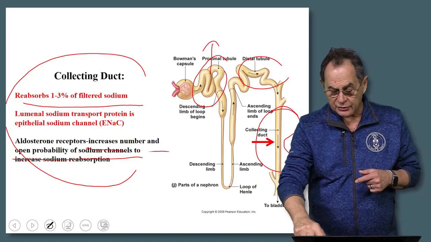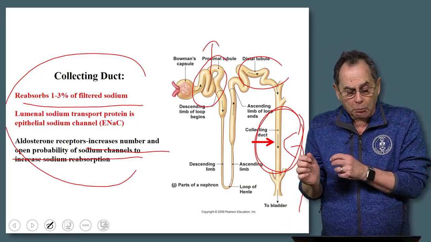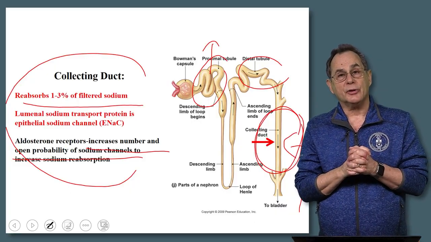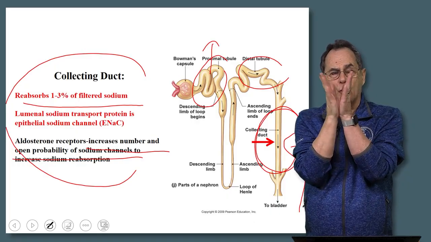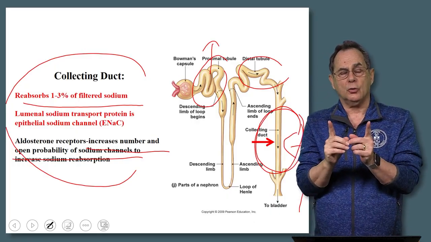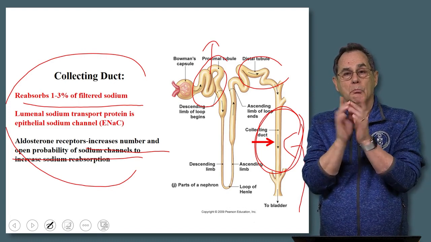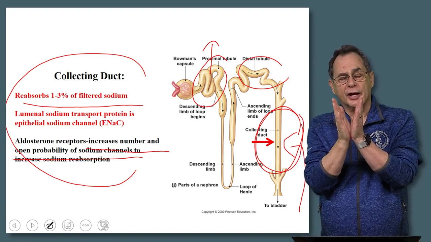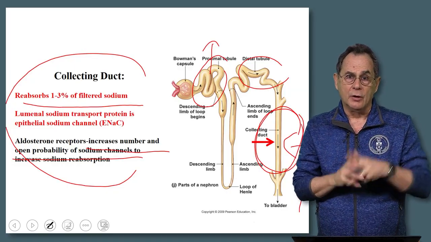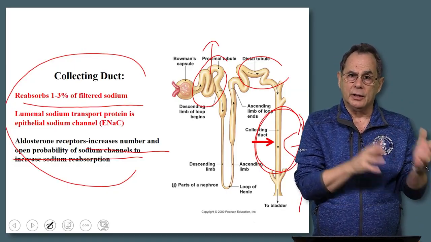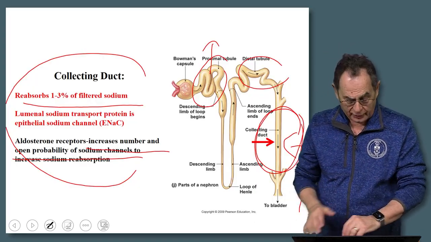So a collecting duct bathed in aldosterone has more epithelial sodium channels in the luminal membrane, and the chances are that they're open. The consequence is that more channels and more open channels favor the movement of sodium down a concentration gradient from the lumen of the kidney into the tubular cell and enhance sodium reabsorption.